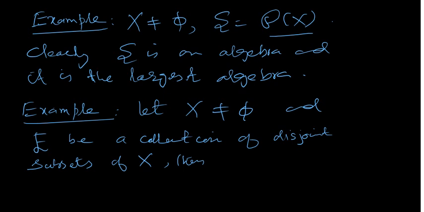It's not a collection of all disjoint subsets. It's a collection of disjoint subsets, है? Not all. So this F need not be a simmering.